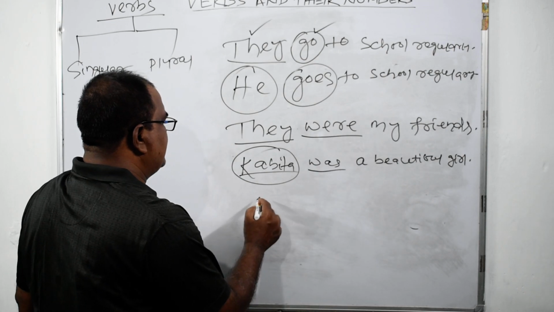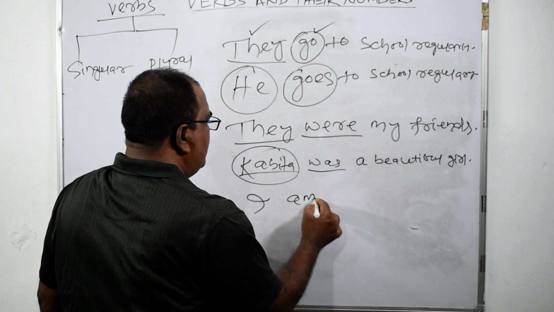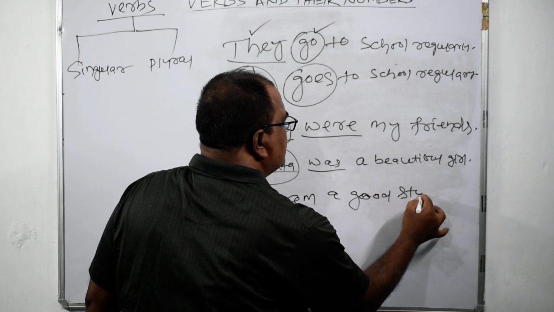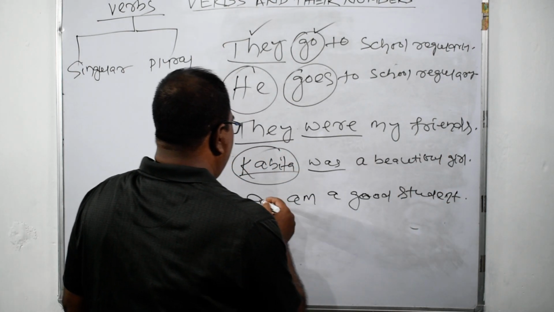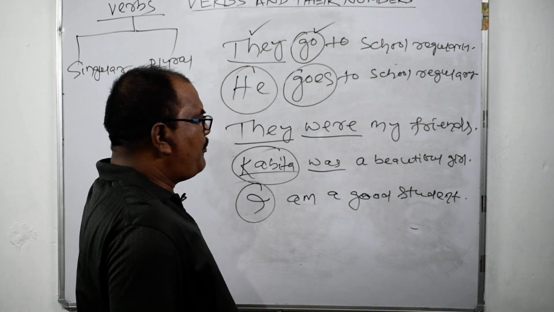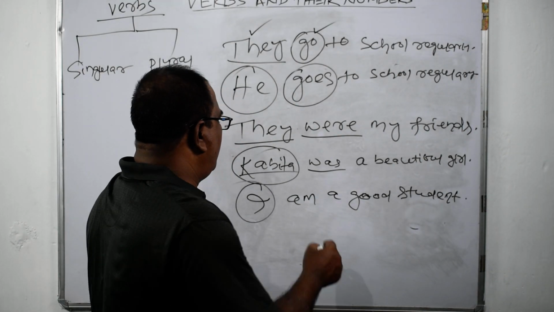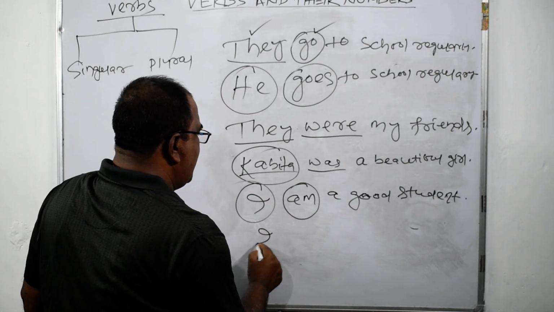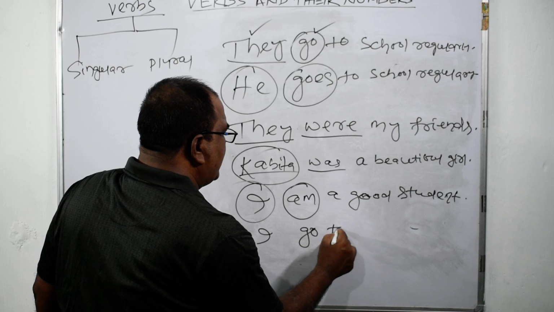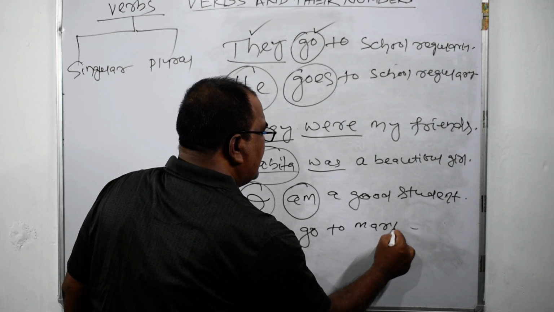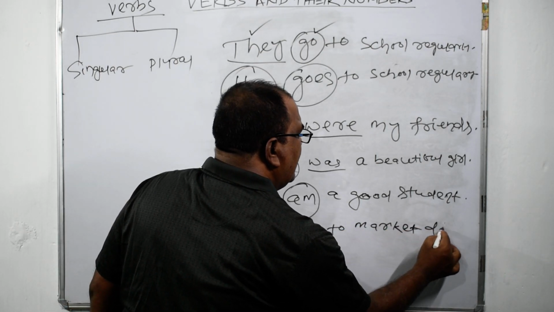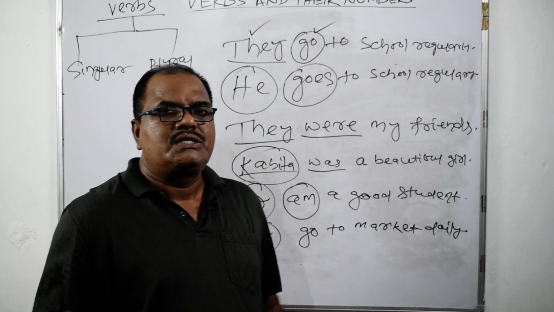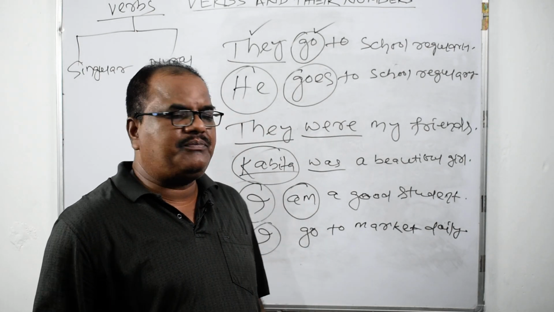We can take another example. I am a good student. In this sentence, the subject I is the first person singular number. Therefore, am is singular. I go to market in Delhi. In the sentence, the subject I is first person singular number.